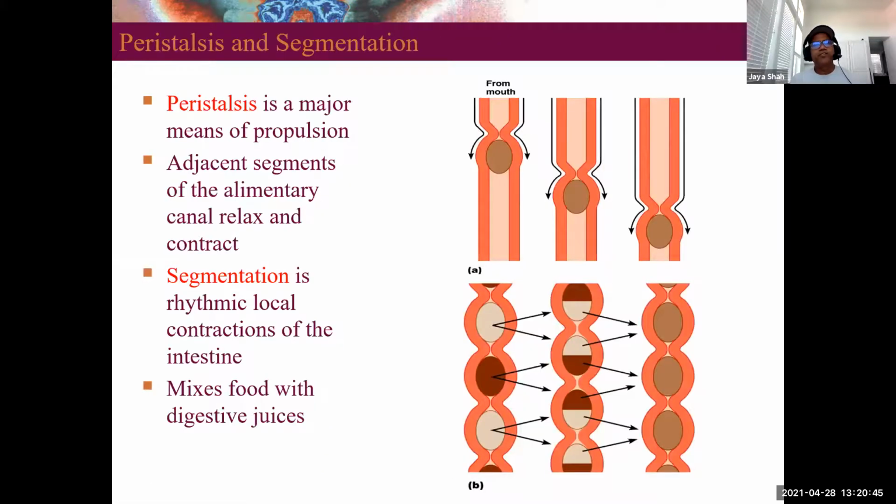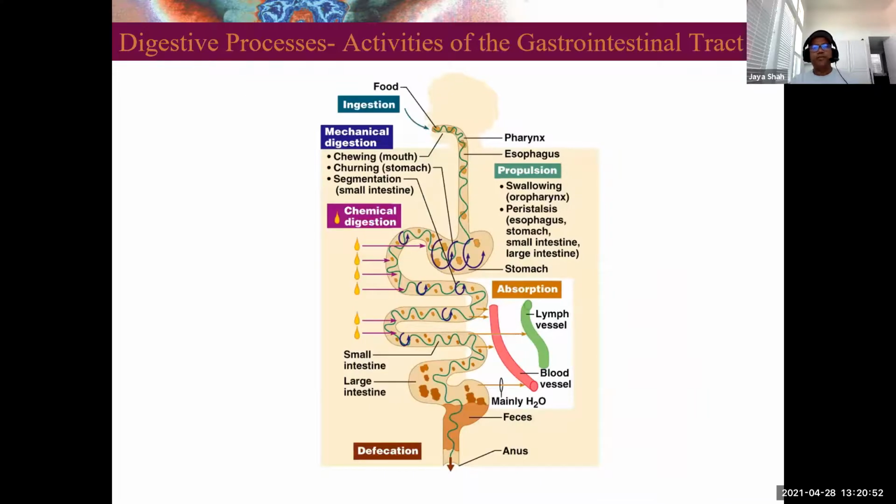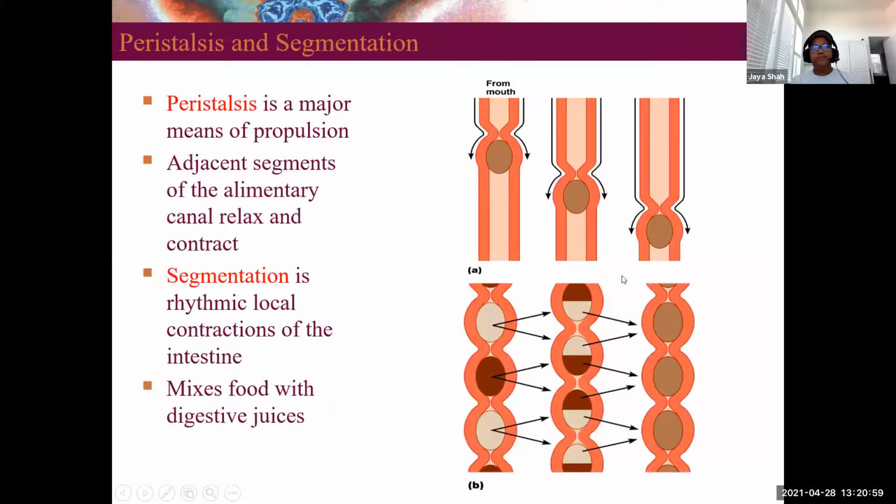Okay, so propulsion has two things: peristalsis and segmentation. How are they different? So peristalsis is the contraction of the muscularis externa, and the adjacent distal part of the GI tract is relaxed while the proximal part is contracted.